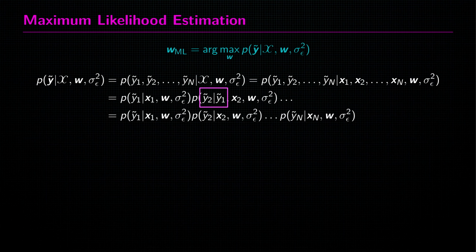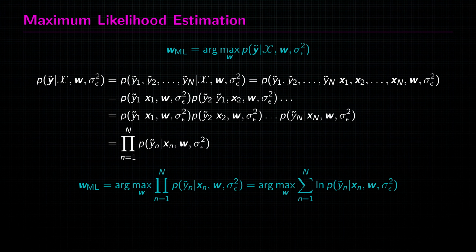From the IID assumption of the noise, we also know that the values of y tilde are uncorrelated over time, which means that we can also remove these terms. Finally, this makes it possible to write down the probability for the whole dataset as this product over the individual likelihoods. Plugging this result into the maximum likelihood maximization problem from above gives us the following.